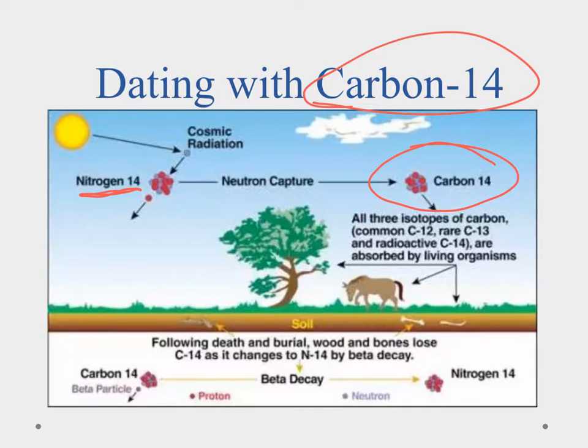And then once it dies, we no longer take it in, and we start seeing that carbon-14 break back down into nitrogen-14. So we can take organic material that had this carbon incorporated into it, and we can use that to find out how long ago those things passed away. And carbon-14 is going to get us back to about 50,000 years or so. So it gives us a more recent way of measuring the ages of remains and things of that nature.